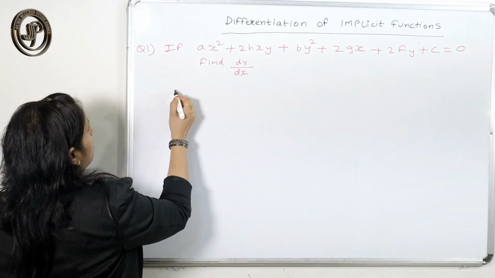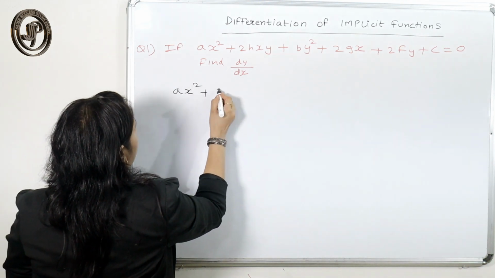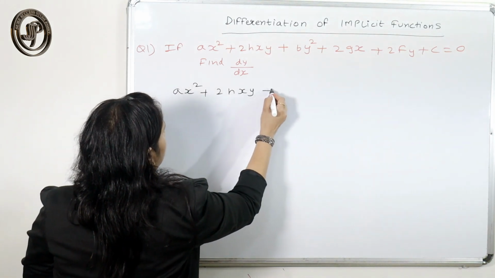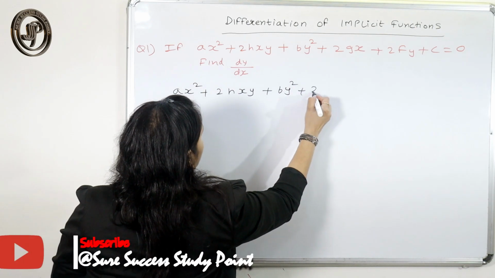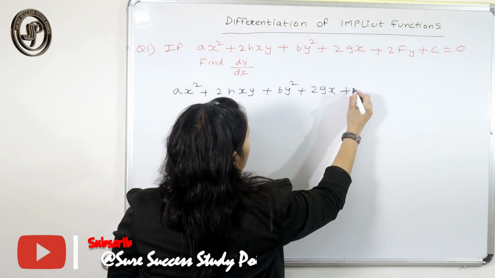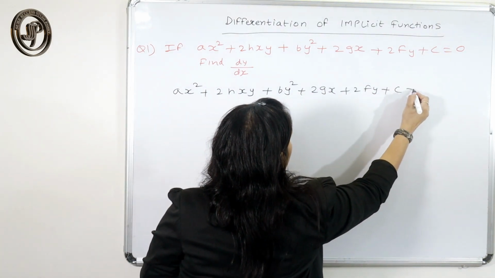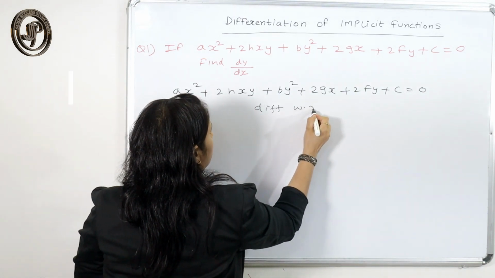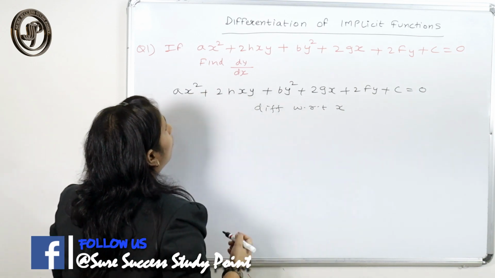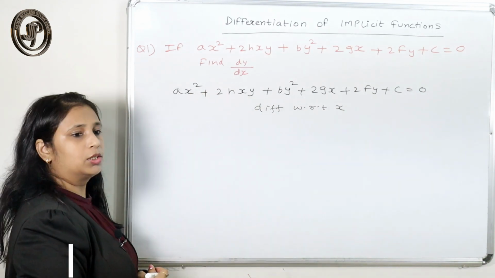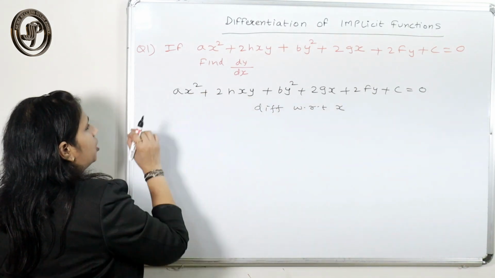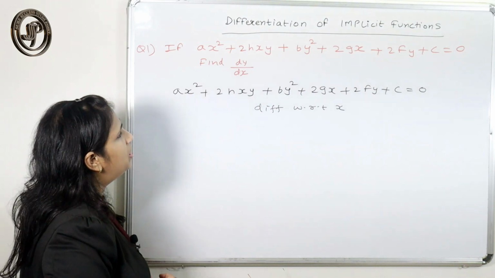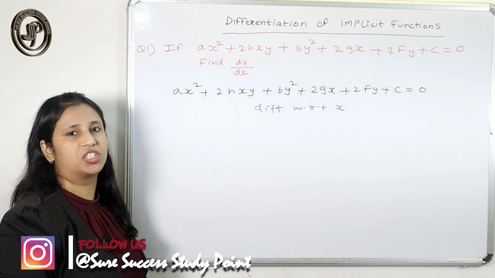Just see, you have the equation ax square plus 2hxy plus by square plus 2gx plus 2fy plus c is equal to 0. Now I am going to differentiate it with respect to x because I have to find dy by dx. Here a, h, b, g, f and c are constants.